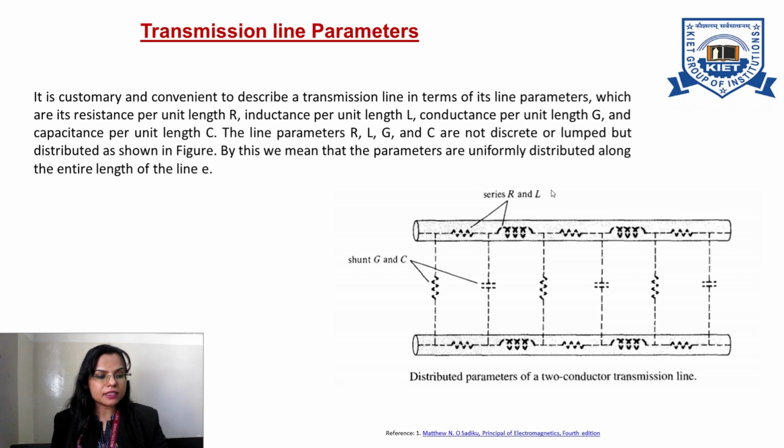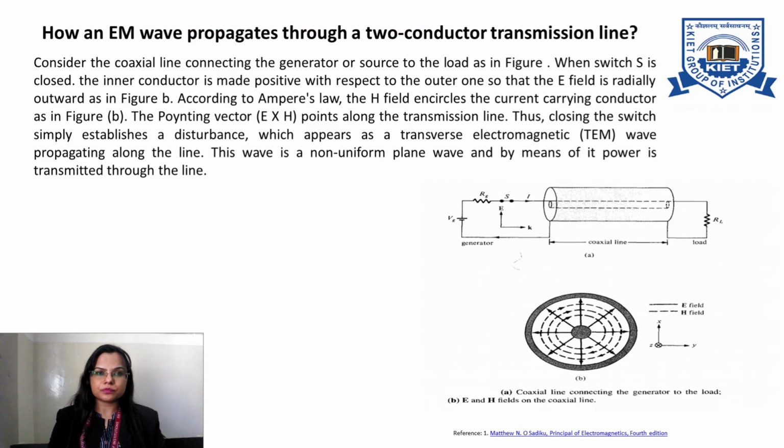The conductance G is responsible for the total power dissipation taking place due to the lossy nature of the dielectric between the two lines. So, we have 4 parameters: resistance per unit length R, inductance per unit length L, conductance per unit length G, and capacitance per unit length C.